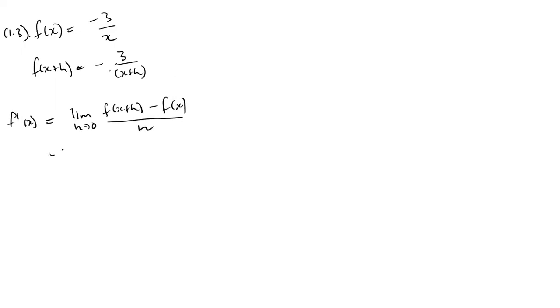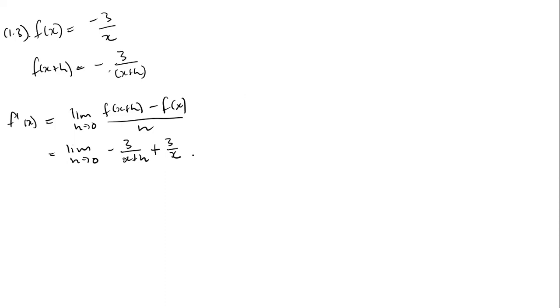Okay. Now limit as h tends to approach 0. Now what is f of x? f of x plus h is -3 over x plus h, subtract what is f of x. f of x is -3 over x. So this negative is going to be affected by this negative, so it's going to be +3 over x.